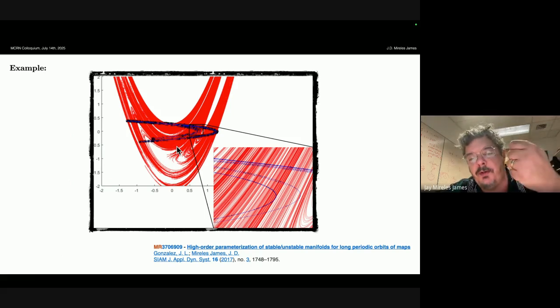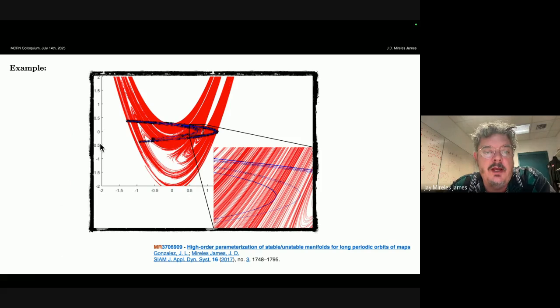And then for each of those periodic orbits, we parameterize just the polynomial parameterization, no extra iterations, no extra globalization. We parameterize the attached stable and unstable manifolds, and then we just plot those, the images of those polynomials. And by doing that, you get a really good sense of what the dynamics are near this attractor.